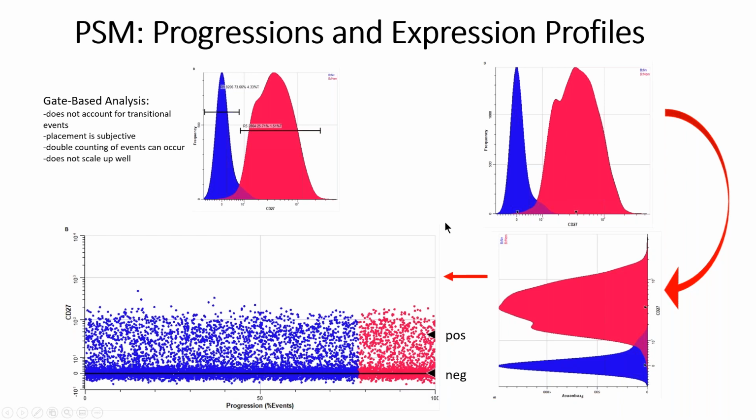To become an expression profile, again, the events are distributed evenly along the expression profile. The x-axis is called cumulative percent. In a progression, it's percent of events. We can see the black triangles, which identify the negative and the positive population for CD27.